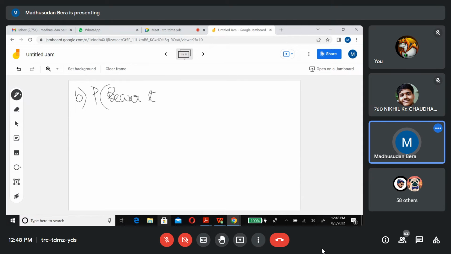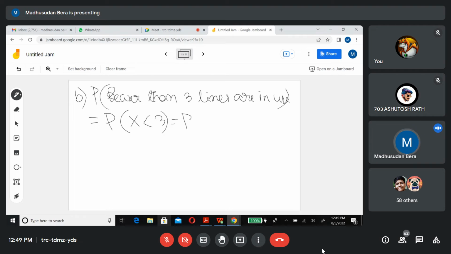That means probability of X less than 3, which means P of X equal to 0, P of X equal to 1, P of X equal to 2.